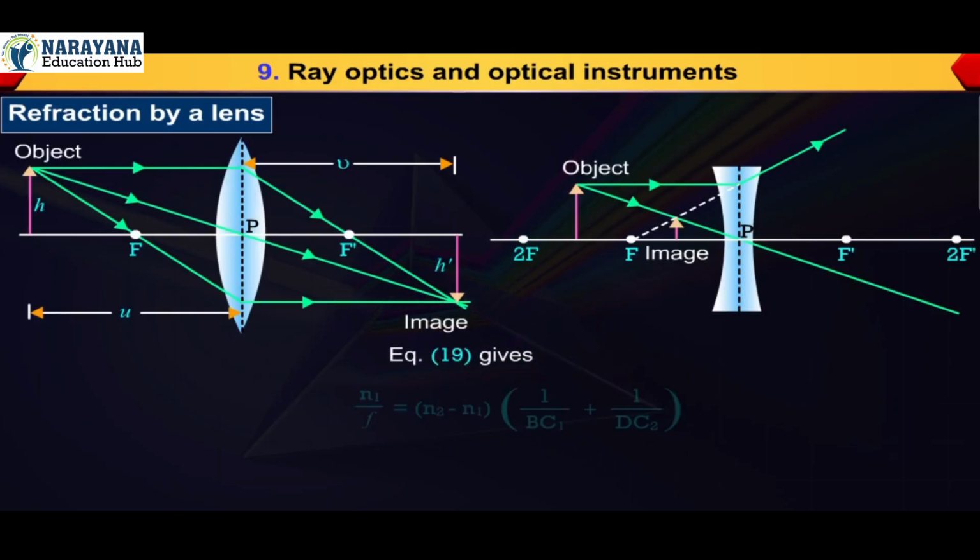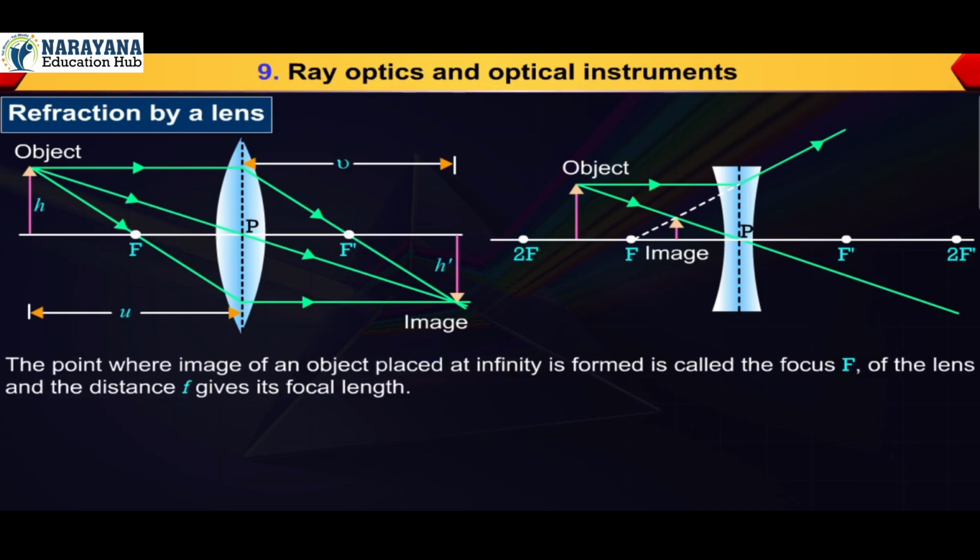Equation 19 gives n1 upon f is equal to n2 minus n1 into 1 upon BC1 plus 1 upon DC2. Equation 20. The point where image of an object placed at infinity is formed is called the focus f of the lens, and the distance f gives its focal length.